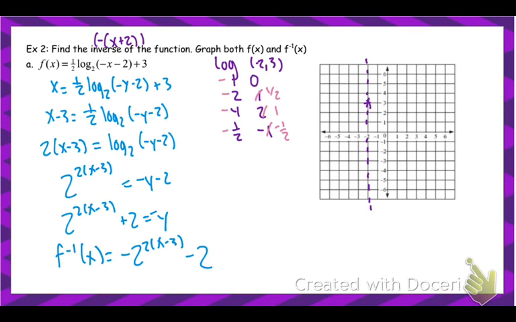So then from that new origin point, I'm going to go left 1 and up 0, left 2 and up 1/2, left 4 and up 1, and then left 1/2 down 1/2.